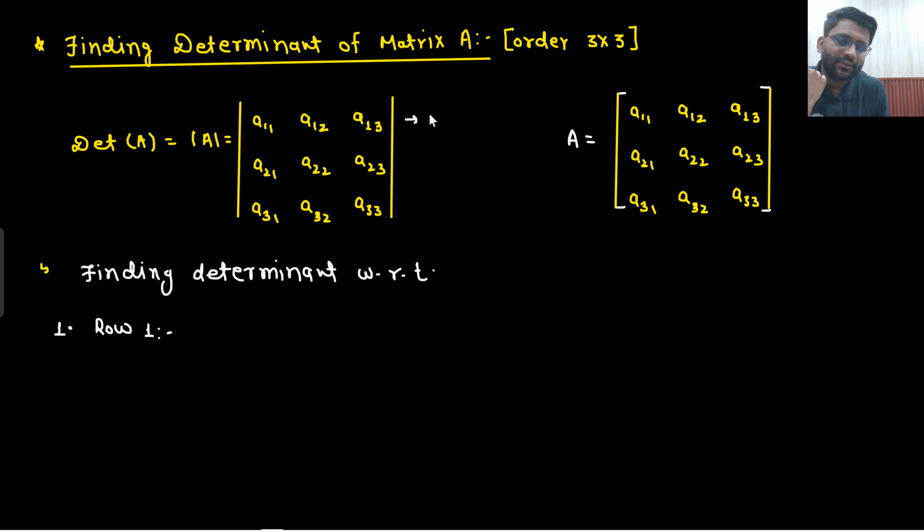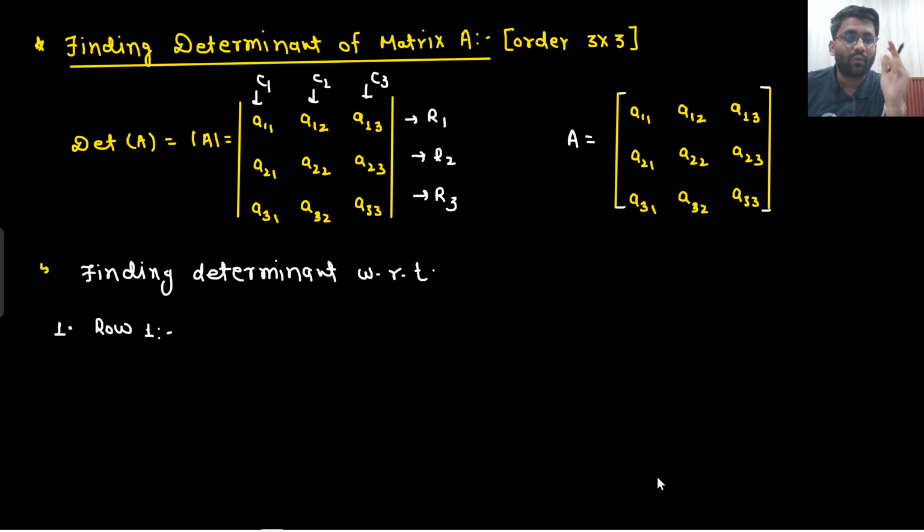This is row 1, this is row 2, this is row 3, and this is column 1, column 2, column 3. For a 3 cross 3 matrix, you have 6 ways to find the determinant: with respect to row 1, row 2, row 3, column 1, column 2, or column 3. We are finding the determinant with respect to row 1.